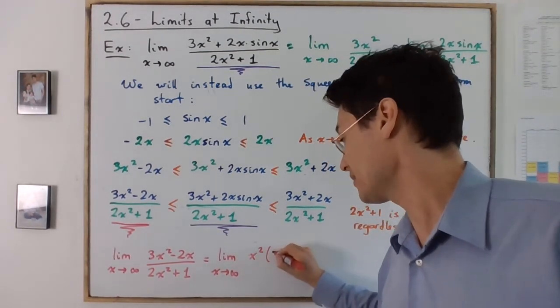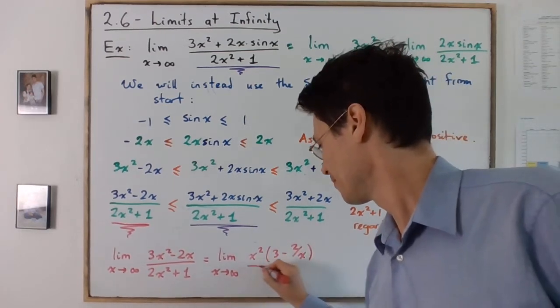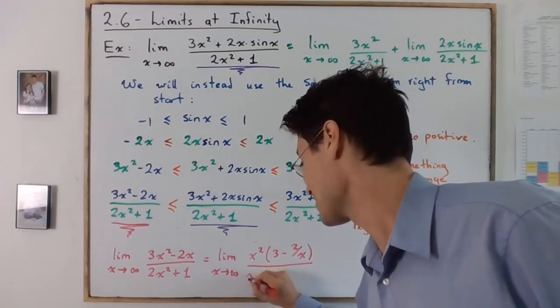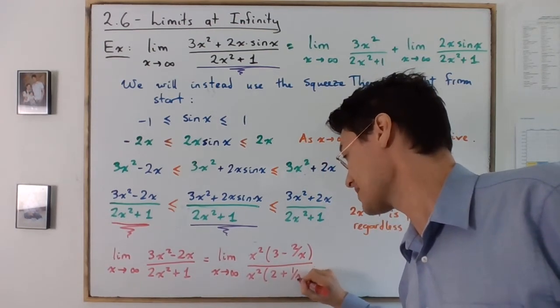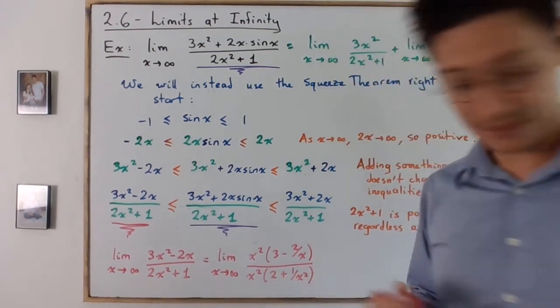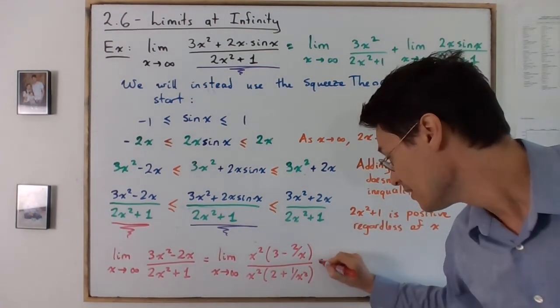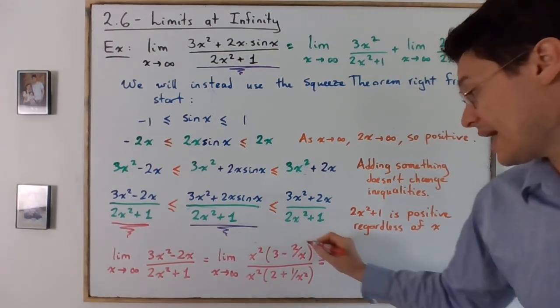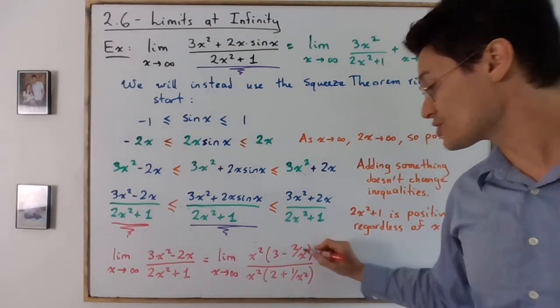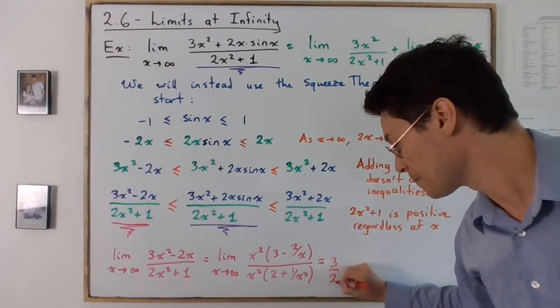So x squared times 3 minus 2 over x, divided by x squared times 2 plus 1 over x squared. Perfect. And then canceling the x squares that give you the problem, and then direct substitution gives you that the limit is 3 over 2.